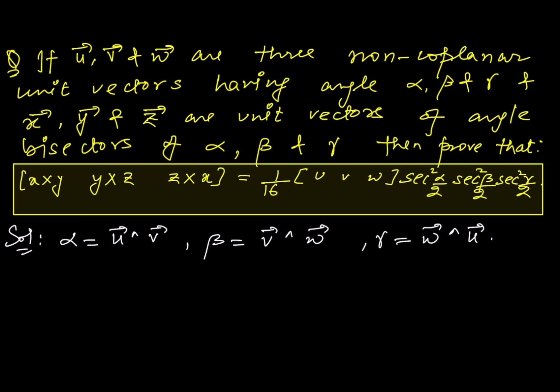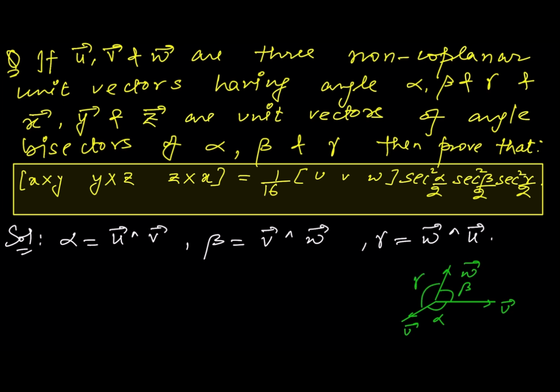But this thing should be kept in mind that u, v and w are unit vectors. You can write u cap as well. Also I am showing this thing diagrammatically. If this is u, this is v, this is w, so this is alpha, this is beta, this is gamma.